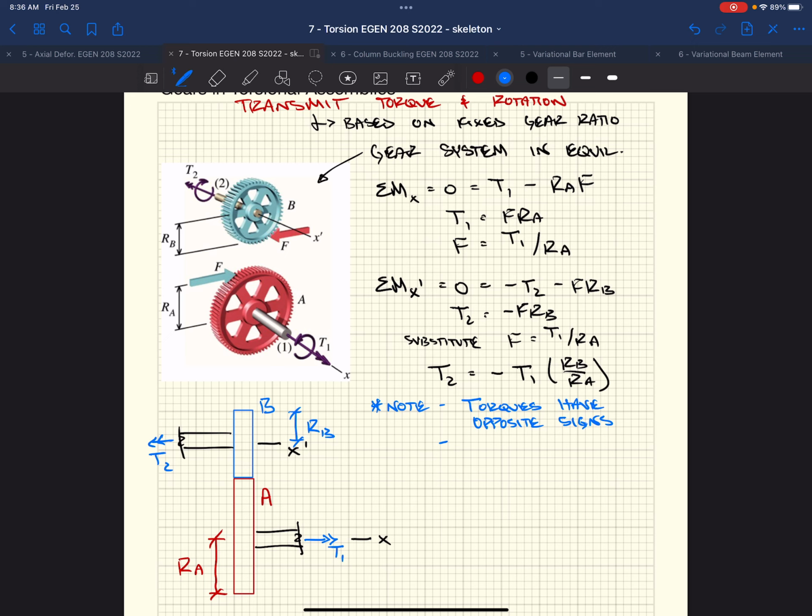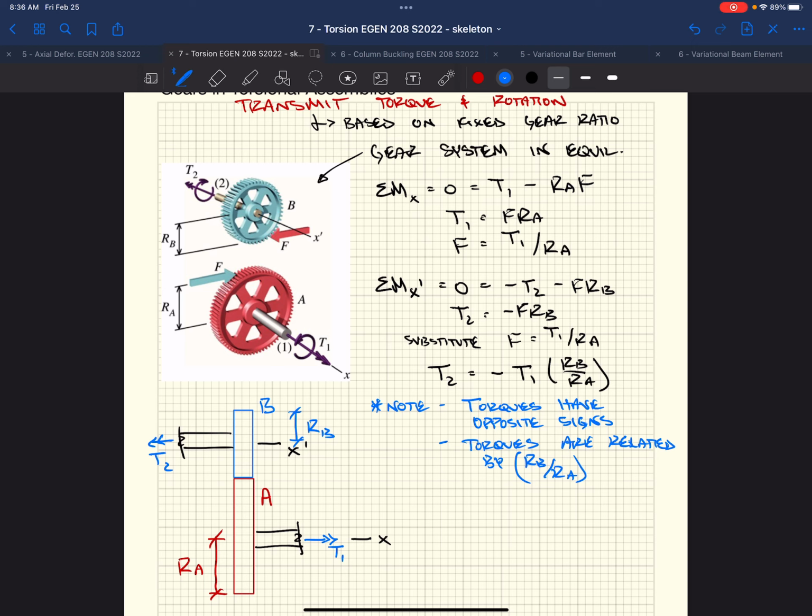Well, we change direction. When we have a gear assembly, we change direction. We also know that the torques are related by this ratio of the radius of our gear at B and the radius of our gear at A.